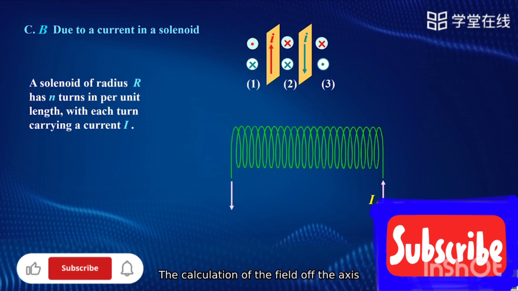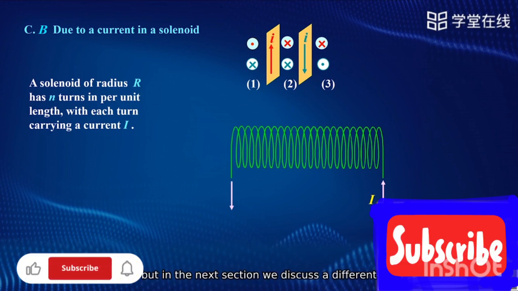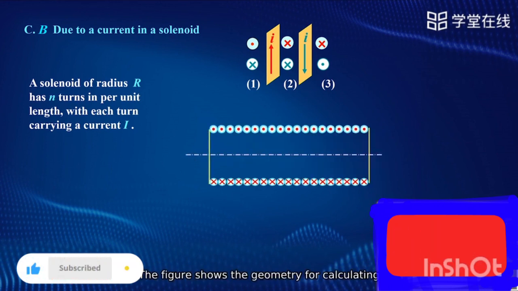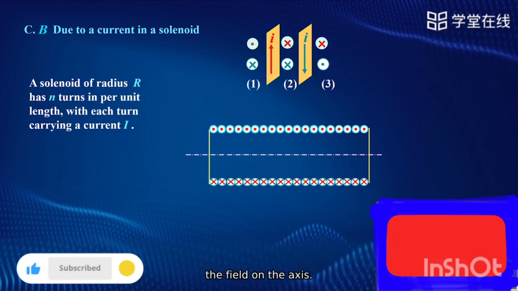The calculation of the field on the axis is difficult using the Biot-Savart law, but in the next section, we discuss a different and much easier way to calculate it. The figure shows the geometry for calculating the field on the axis.